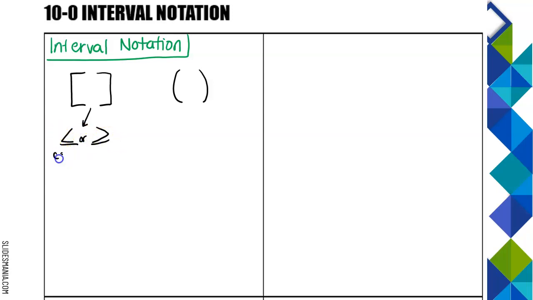It is a value that you can be equal to. So you use those when you have that little line underneath or a closed dot, where you can actually be on that value. We use a regular parenthesis when we have less than or greater than, and that is cannot be equal to.